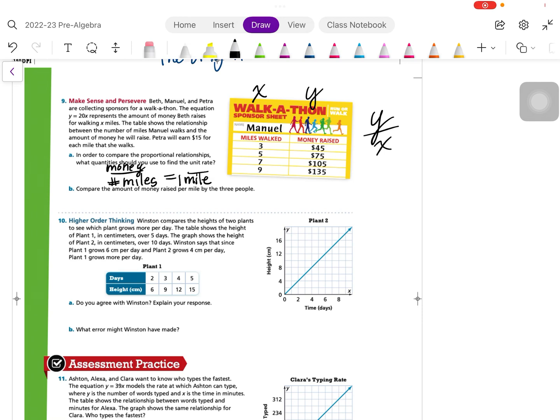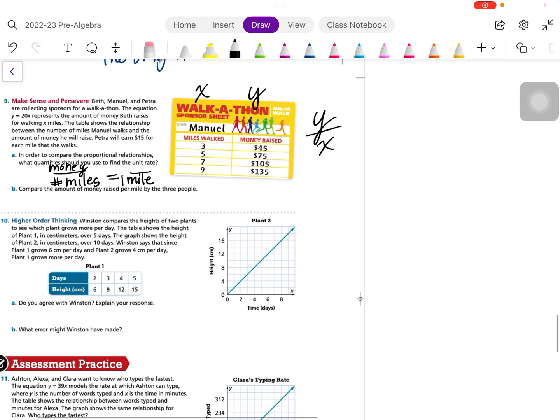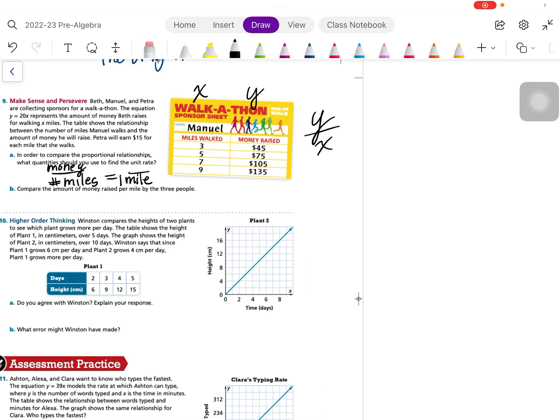Okay, part B says, compare the amount of money raised per mile by the 3 people. Okay, so I'm just going to go out. We need probably a little more room. So let's go in the margin and let's just organize our 3 people. So we have Beth, we have Manuel, and we have Petra. Those are our 3 people.